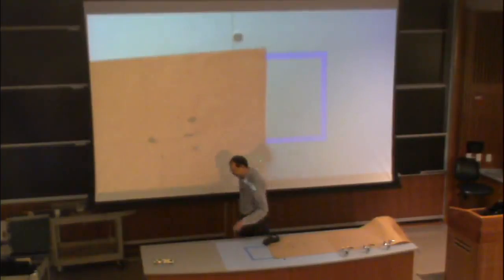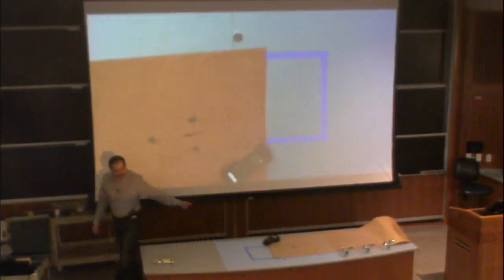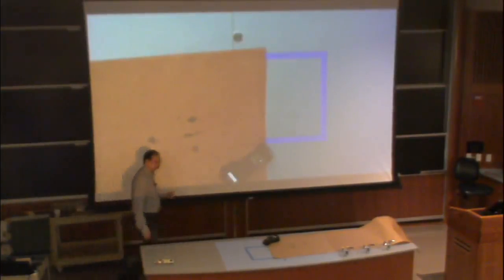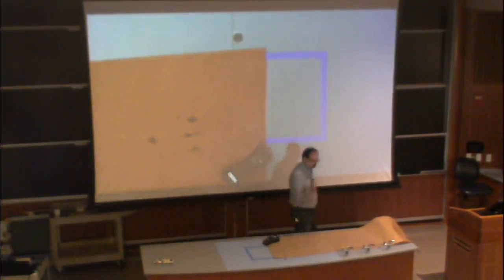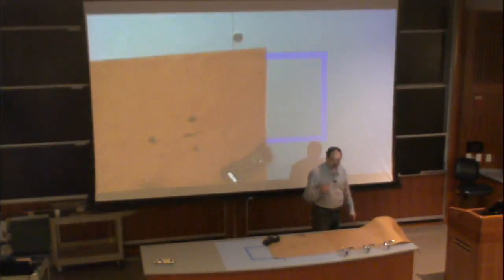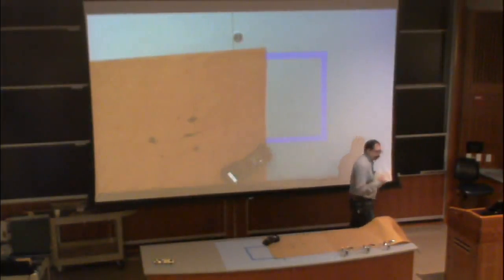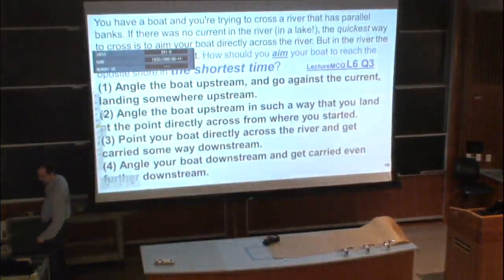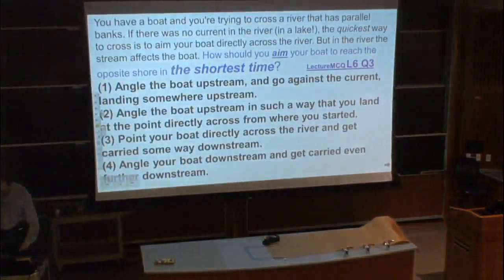So depending on how you aim, the time will be different, because time is related to the actual distance traveled, right? So you have one last chance to look at the question. One last chance to enter your answer.